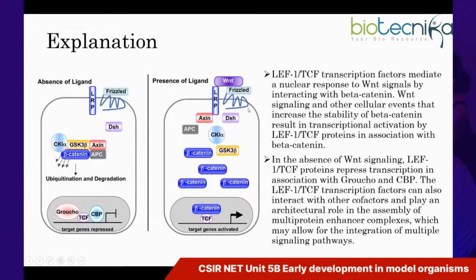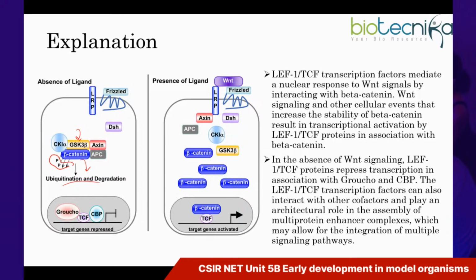So this is the explanation. In absence of ligand, the frizzled receptor and DSH are not bound to each other, because of which all of this forms a complex, and beta-catenin is phosphorylated by GSK. Because of phosphorylation, beta-catenin is ubiquitinated and degraded.